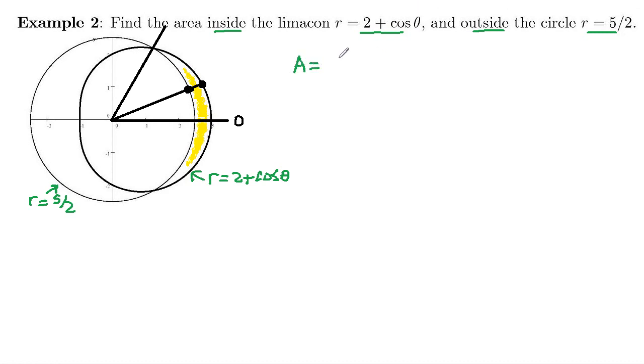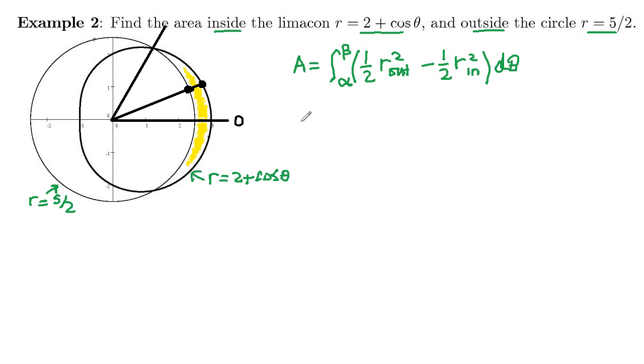The area between is going to be an integral from alpha to beta, starting to ending angle, and instead of 1/2 r squared d theta, it's 1/2 r outer squared minus 1/2 r inner squared d theta. So basically what you're doing is finding the area out to and including that crescent, and then taking out the area of the circle, and that leaves the crescent.